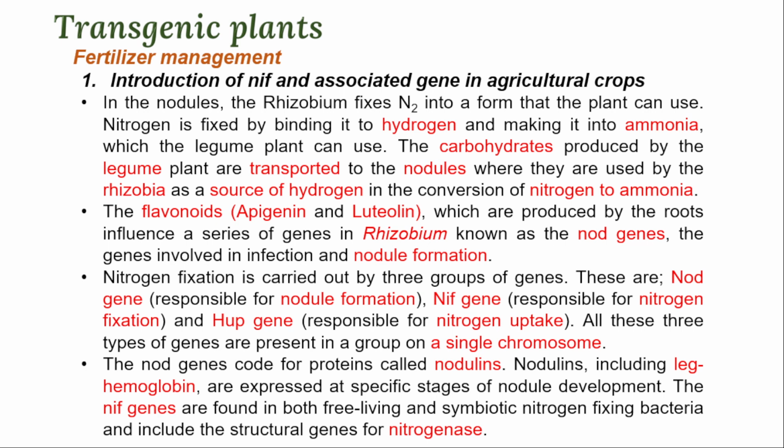NIF genes and other associated genes fix atmospheric nitrogen in symbiotic leguminous plants by the action of a bacterium called Rhizobium rhizogenes. Rhizobium is a symbiotic bacteria that is present in the soil, but because of chemotactic movements, whenever a wound happens, or whenever some plants lack nitrogen, they will secrete chemicals called apigenin and luteolin.